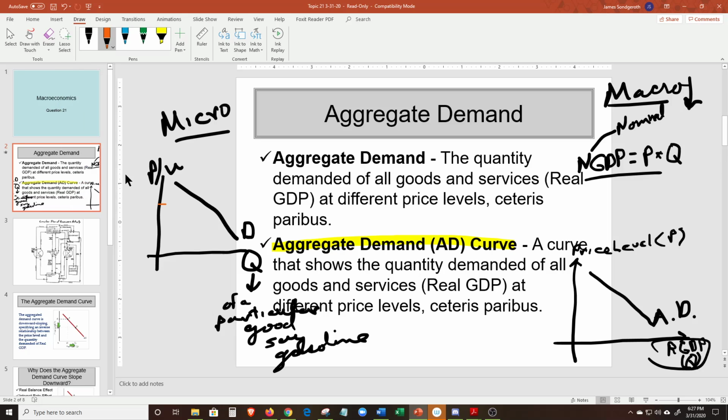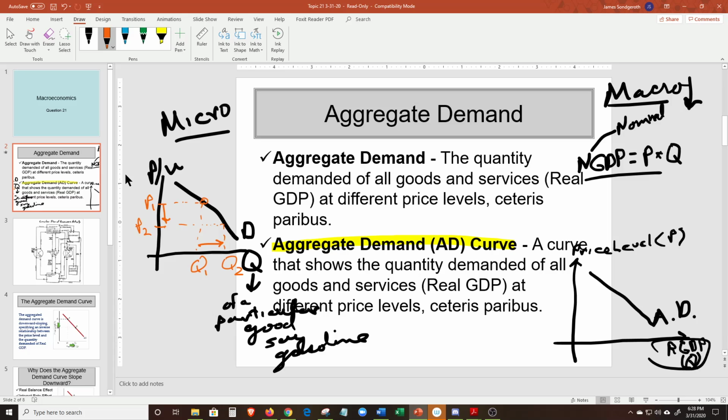So basically, if the price is here, then the quantity demanded at that price is going to be here. And if the price goes down, the quantity demanded at that price is here. So if the price falls, the quantity demanded increases.